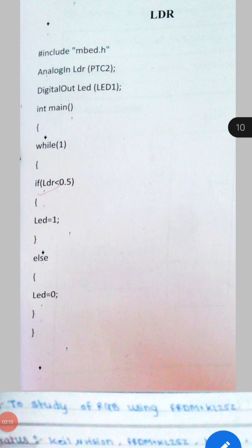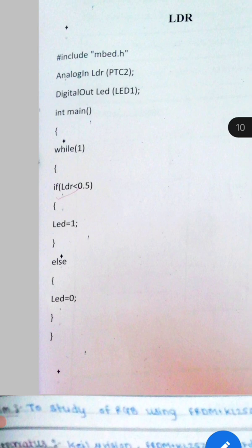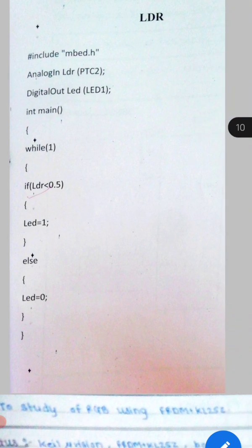Here in the program, for writing the software in the demo lecture, we include the embedded header file, whereas the analog in is the LDR connected through pin PTC2, and the digital out is the LED.